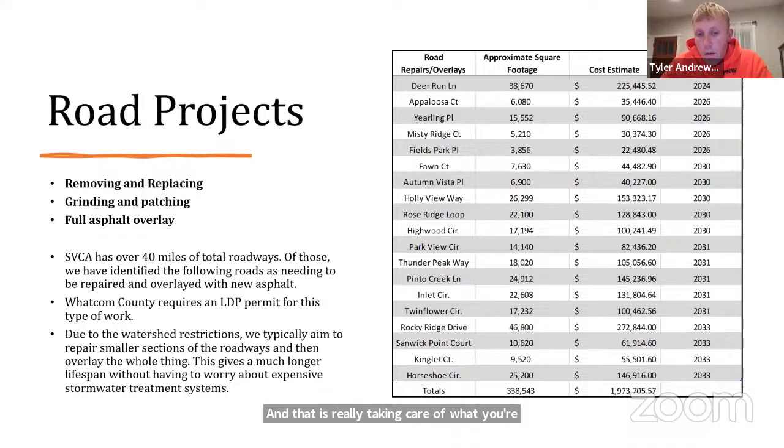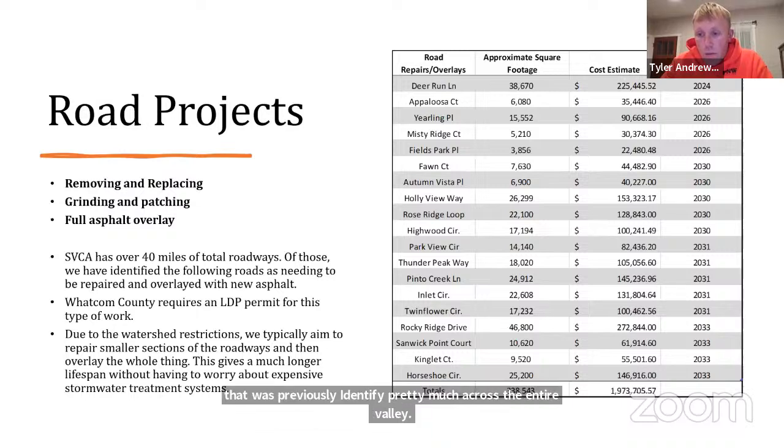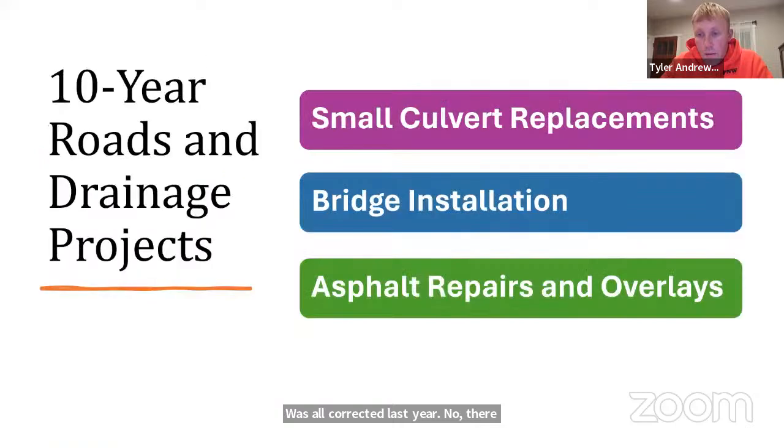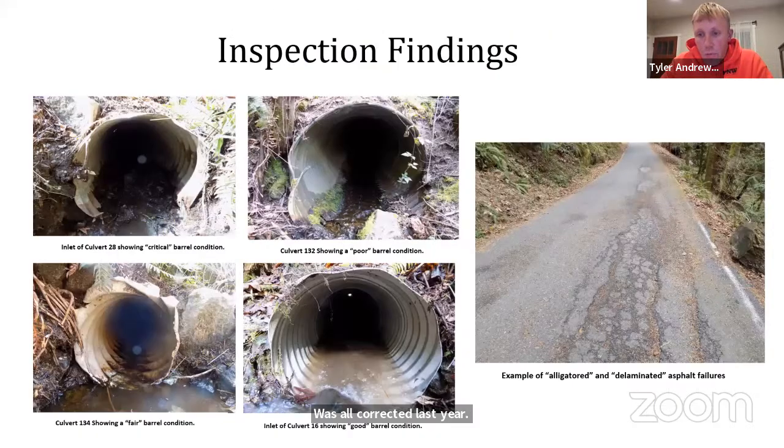But we have not gone through, and impact design has not looked at that either, of how many other spots we should do that at, other than to say that all the delamination that was previously identified pretty much across the entire valley was all corrected last year. Now, there is stuff that obviously is going to come up each year that hasn't been fixed yet, but that is the approach being done: proper installation of asphalt versus too thin and no tack.